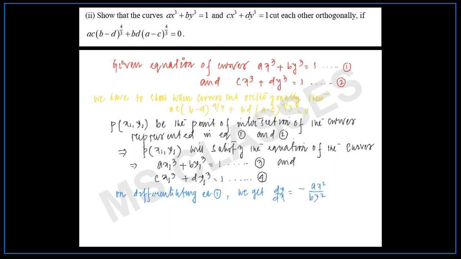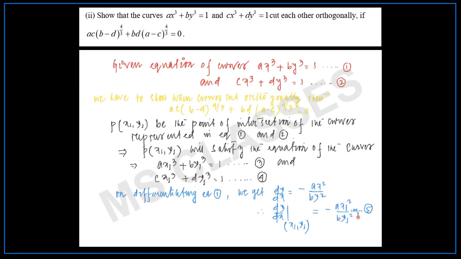Now we are trying to find the slope at the point x1, y1: dy/dx at (x1, y1) equal to minus a x1 square by b y1 square. We take this as equation 5, and this is our slope for the first curve, which we denote by m1.